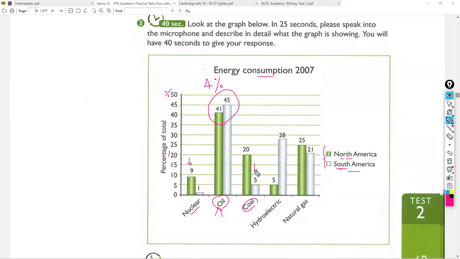Thank you so much. Okay, now hydroelectric in 2007. The hydroelectric in North America is like 5%, but in South America it is 28%. So it is very high.